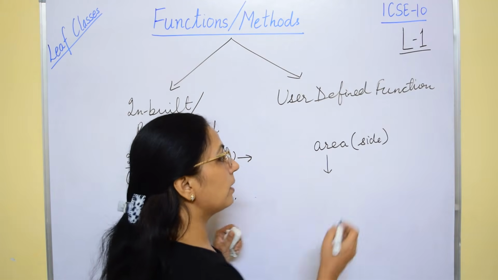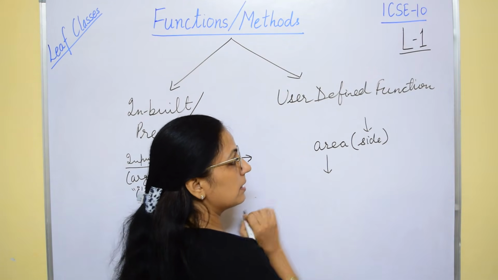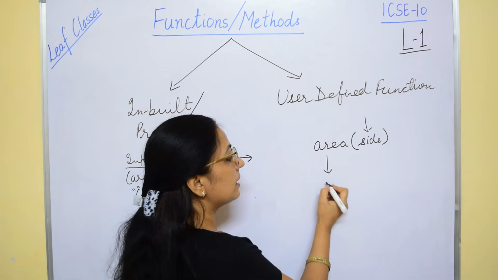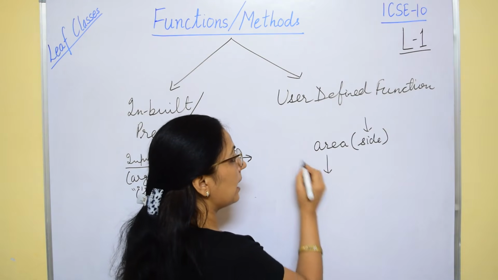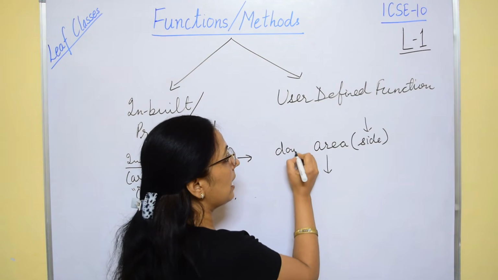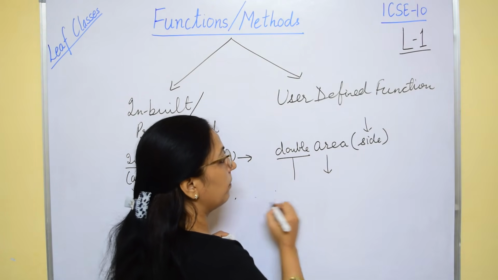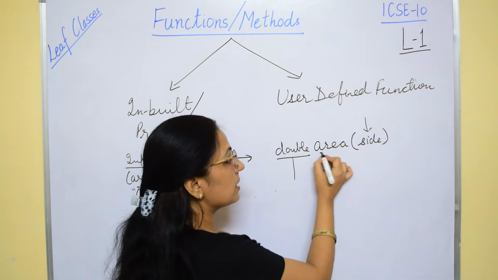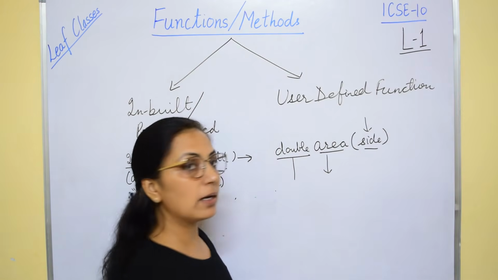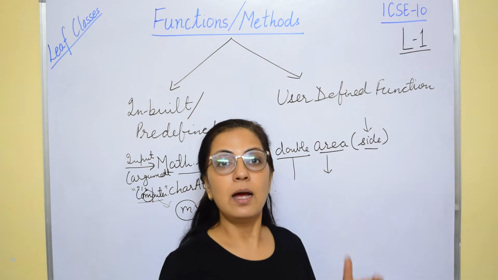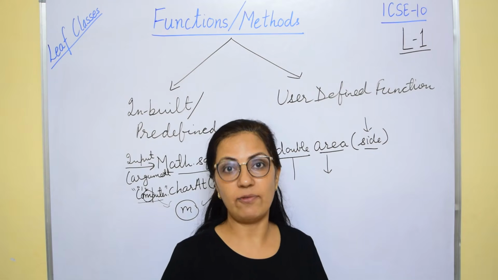So what I am giving to this side, what it is returning to me, that is area. Now suppose that area I want in double. So this is the return type, right? So here this is the function name, this is the argument which we are using for writing the definition.